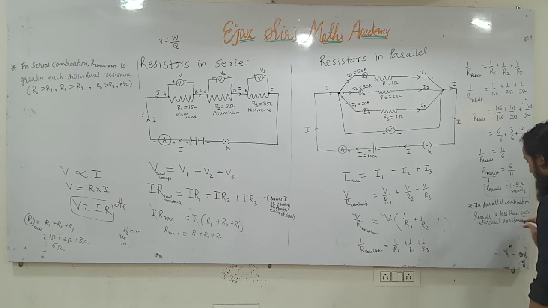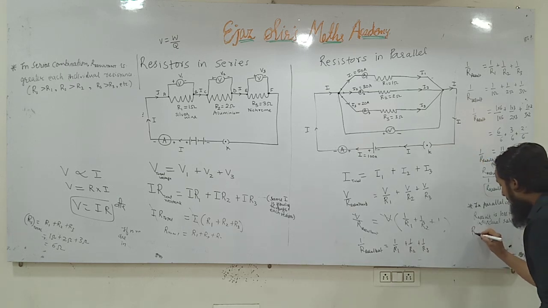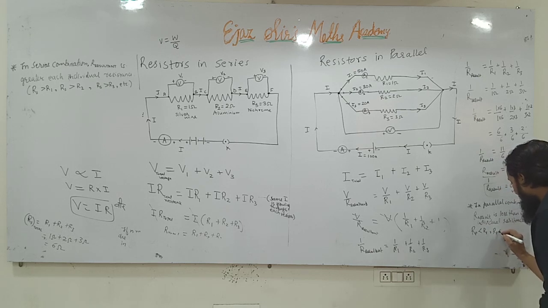What does this mean? I can call it RP also. What will be P? Parallel. What is RS there? Series. So RP will be less than R1, RP will be less than R2 and RP will be less than R3.